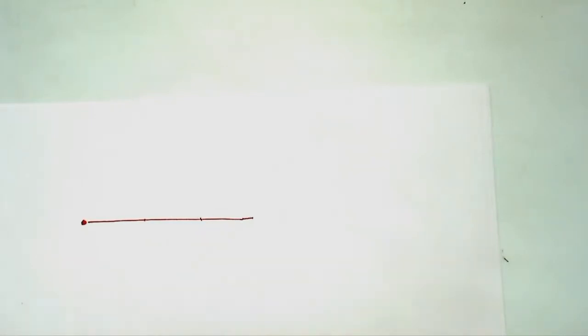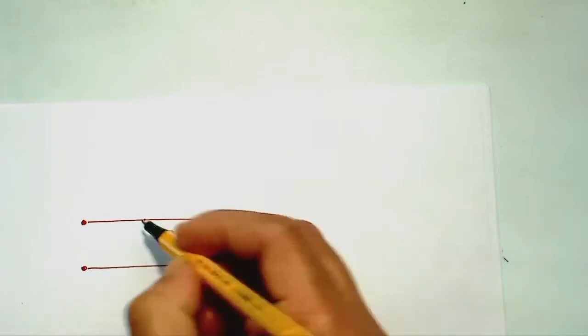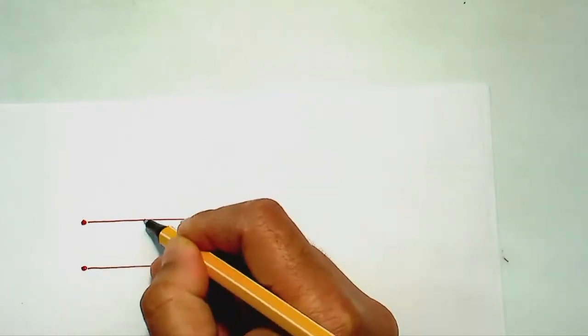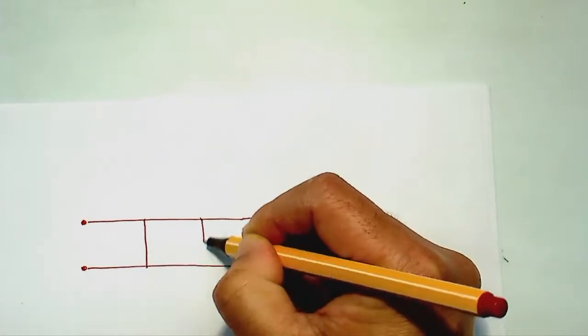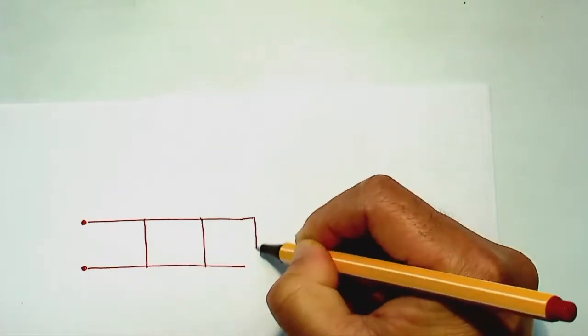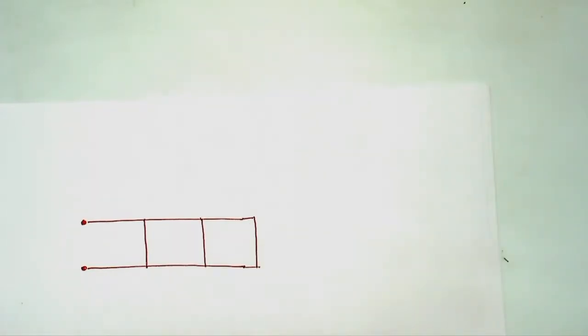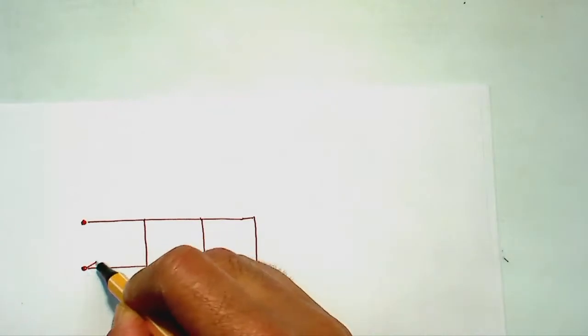We have got a beam of 1 meter, 1 meter and 1 meter, and the vertical distance is also 1 meter. Then you have got these vertical members, and inclined members like that.